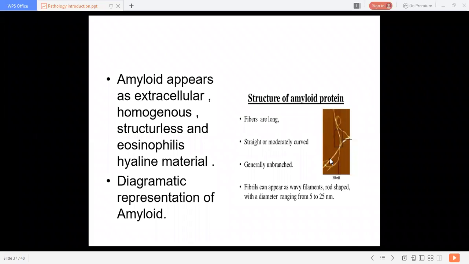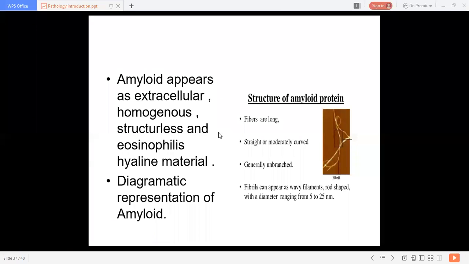The diameter of each protofibril is 2.5 to 3.5 nanometer. So this is all about the structure of amyloid.